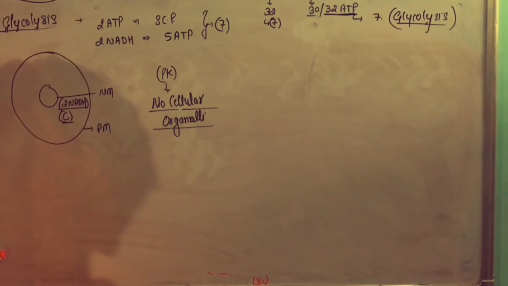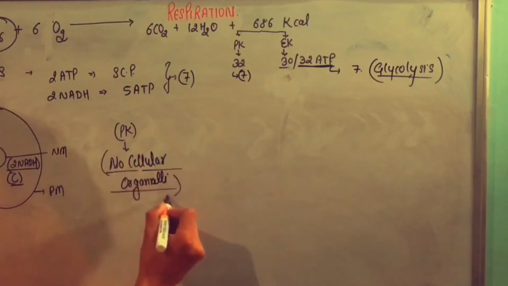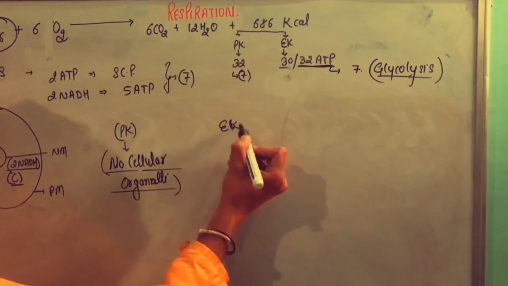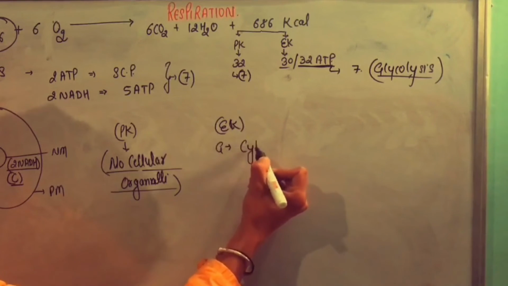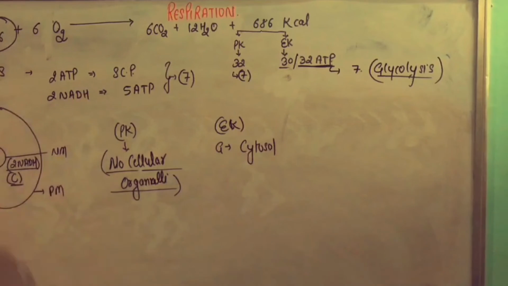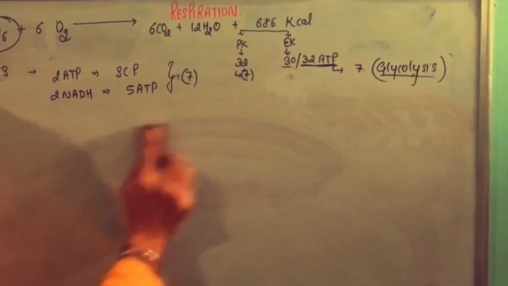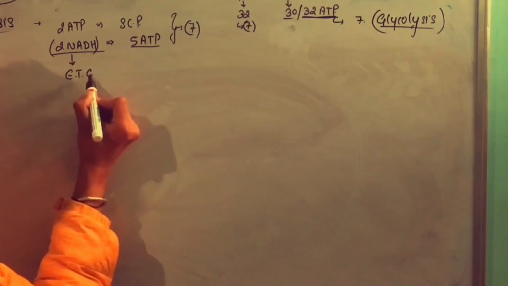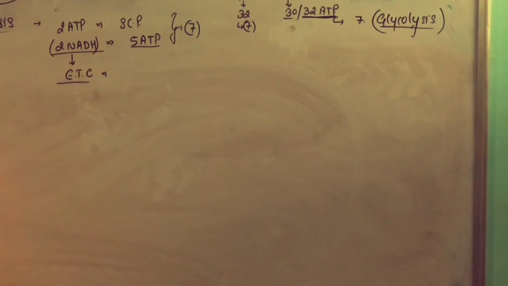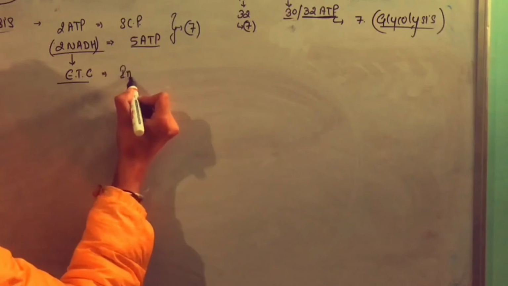So a total of 7 ATPs are formed. But in the case of eukaryotes, glycolysis takes place in the cytosol. In eukaryotes, two molecules of NADH form ATP during the electron transport chain.